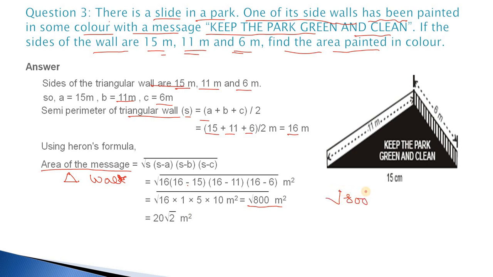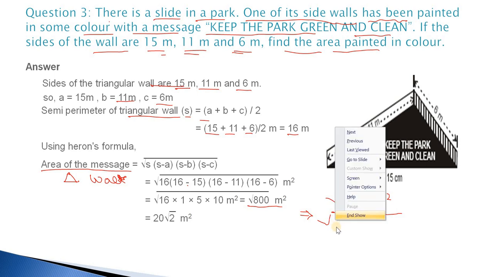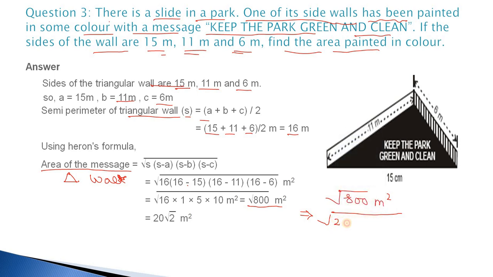We factorize 800, we can write 2 into 20 into 20. Here the pair of 20 is a perfect square, so the area of the slide of the park is 20 root 2 meter square.